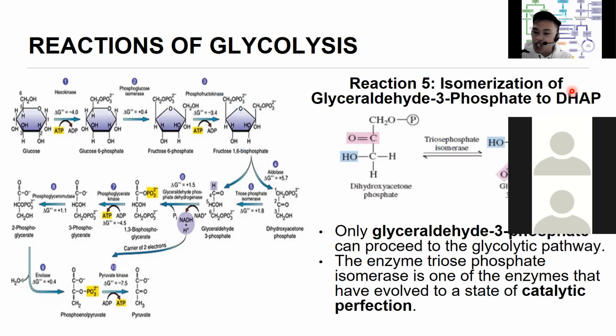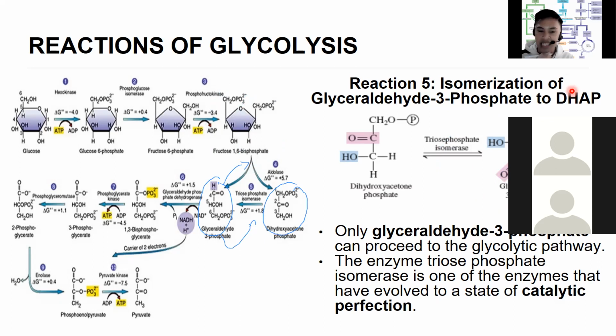Because in reaction 5, the dihydroxyacetone phosphate that was produced originally in stage 4 is also converted to glyceraldehyde 3-phosphate. So that's why there are two glyceraldehyde 3-phosphate that enter. The one that is a product of step 4 and the one that is a product of step 5.